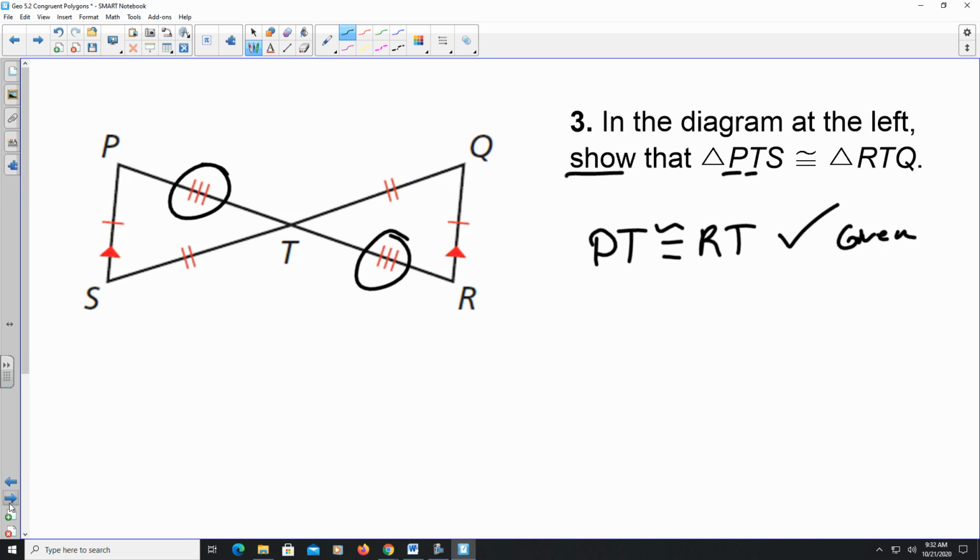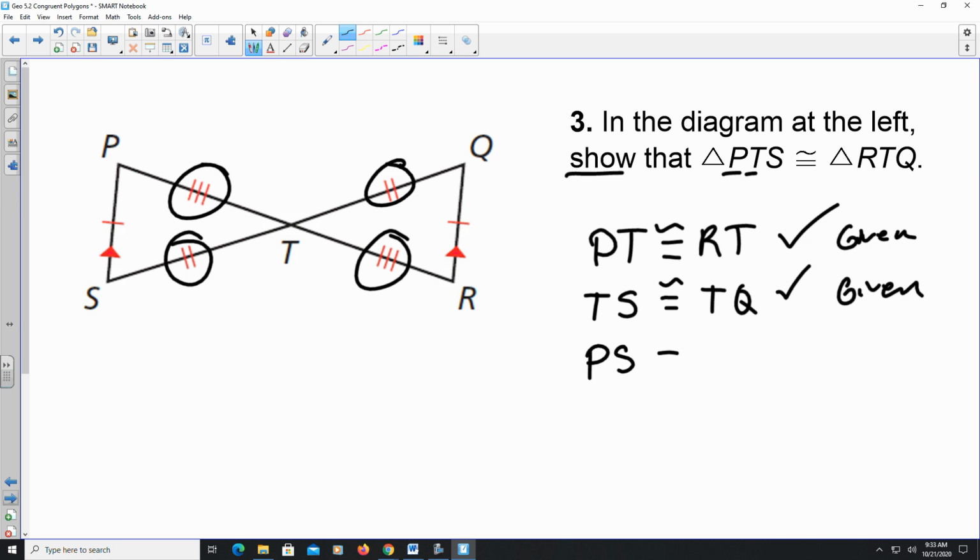Next, I'm going to look at second and third. So TS, I want to see if that is congruent to TQ. So TQ has 2, TS has 2. I can check this off. Yep, that is given. And then finally, first and third, PS, is that congruent to RQ?